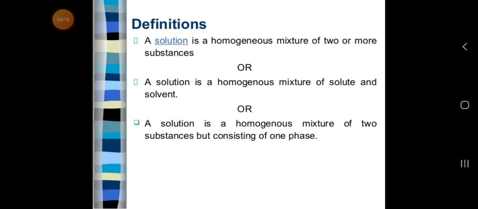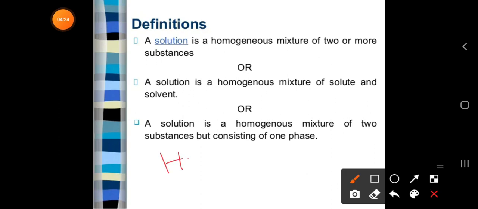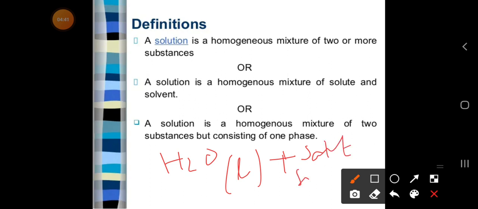For example, water you are taking is a liquid, right? So water is a liquid. And if you take one more thing, for example salt solution.